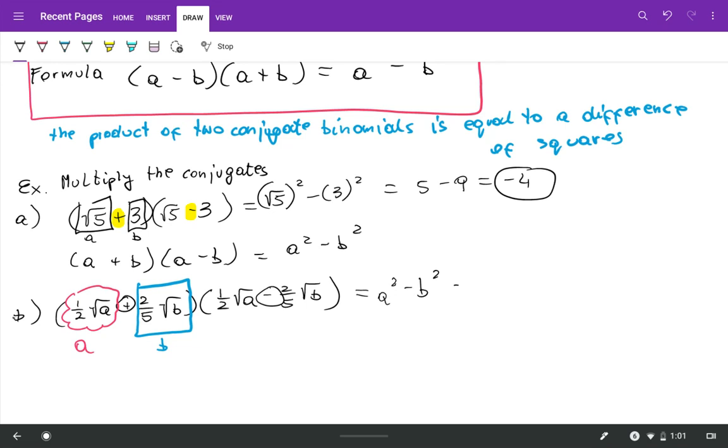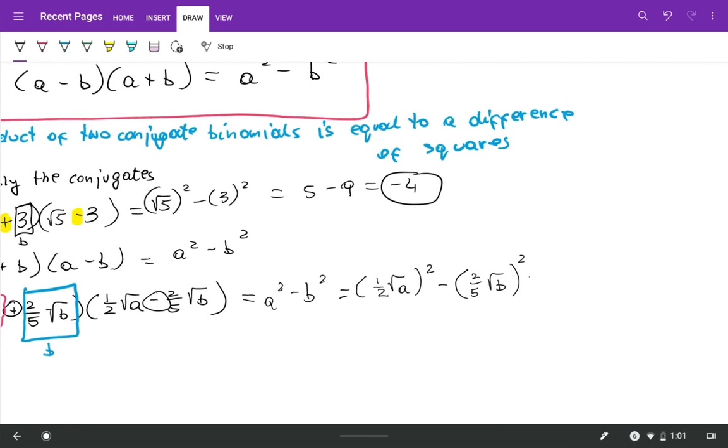Okay, so let's just apply that formula, which is a squared minus b squared. So a squared, which is 1/2 square root of a, we need to square it, minus b squared, which is 2/5 square root of b, squared.